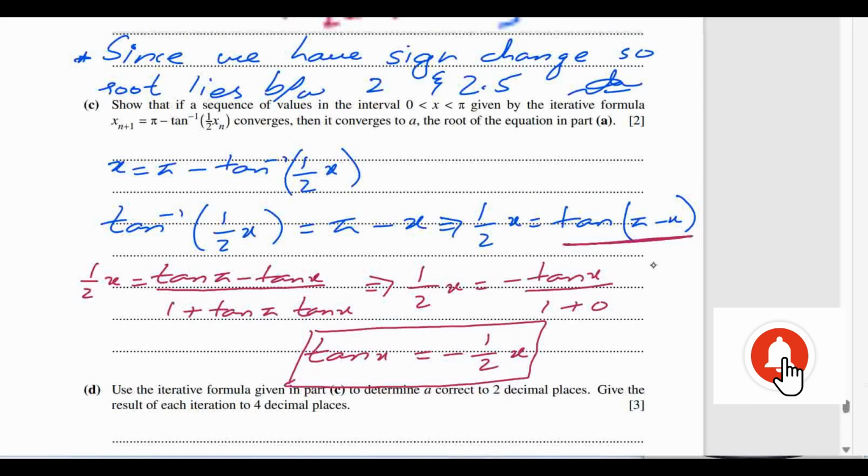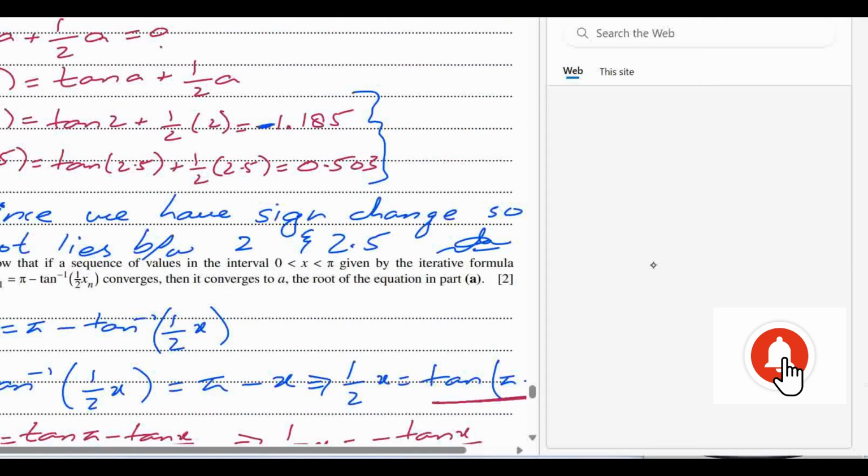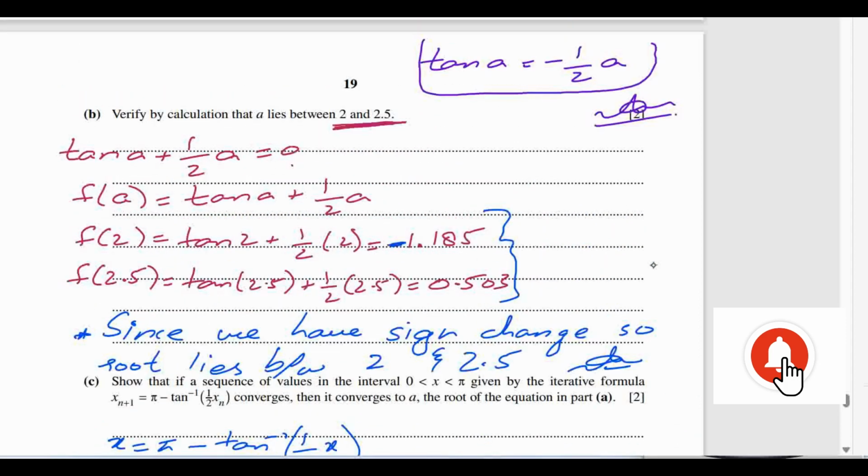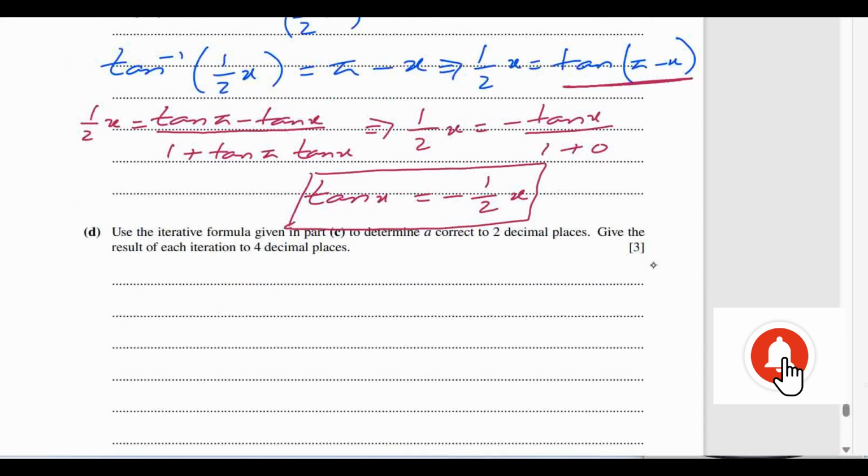As we can see, in part A we have the same equation, tan of a is equal to minus 1 by 2a, and here again tan of x is equal to minus 1 by 2x. I hope the concept is clear. So this will be the final answer.